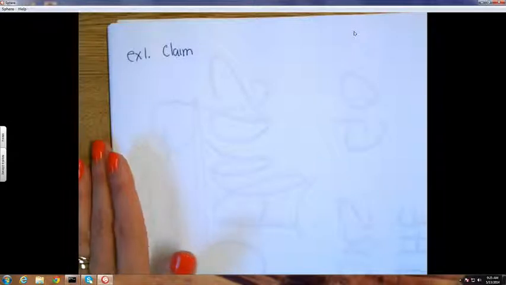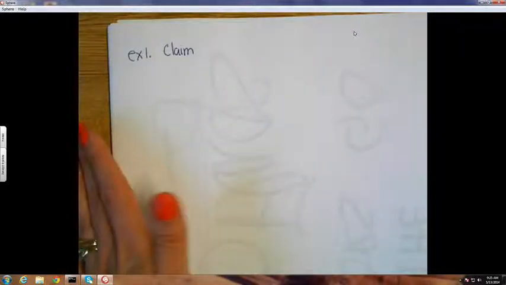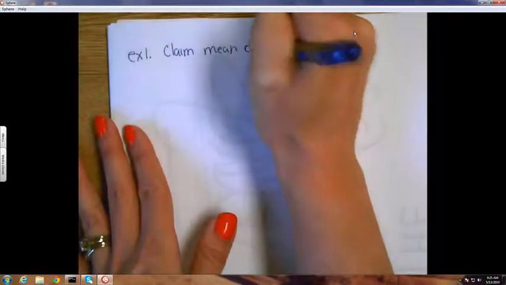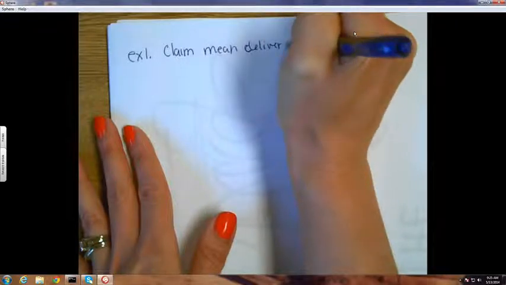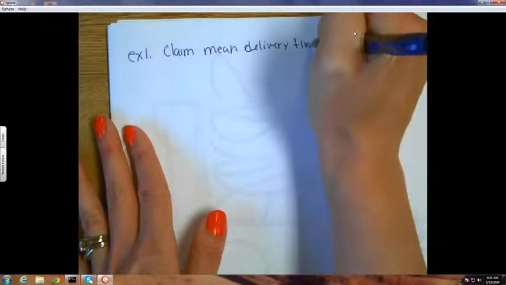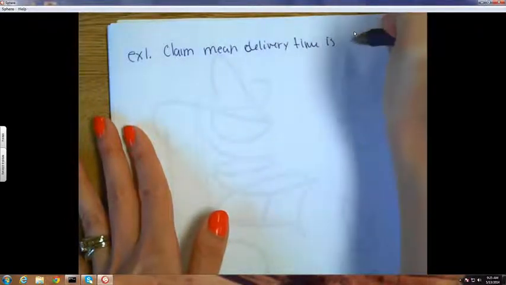In an advertisement, a pizza shop claims that its mean delivery time is less than 30 minutes.